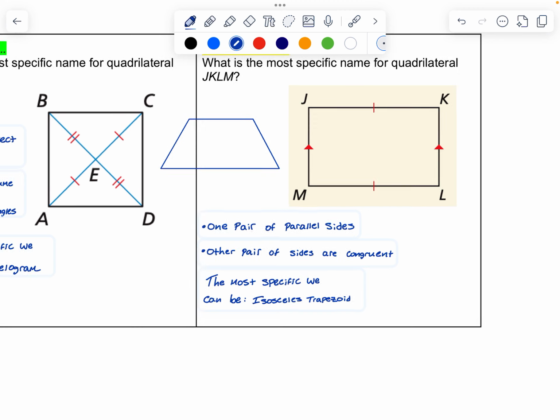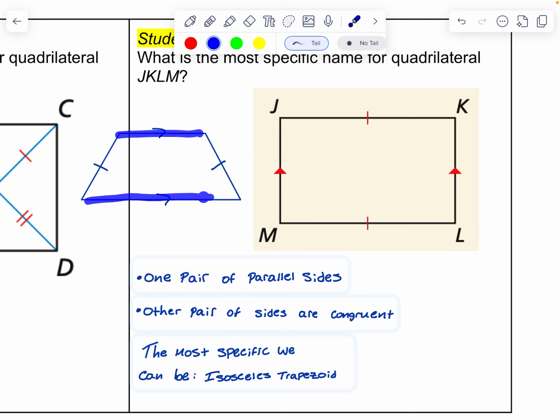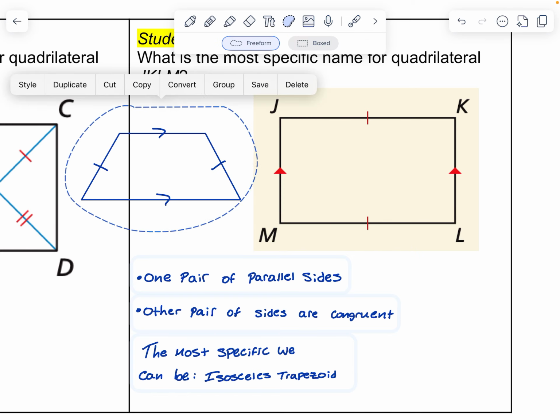But these have the same properties. Those 2 sides are congruent. Those 2 sides are parallel, right? We have a pair of opposite parallel sides and a pair of opposite congruent sides. And that tells me that I'm dealing with an isosceles trapezoid.